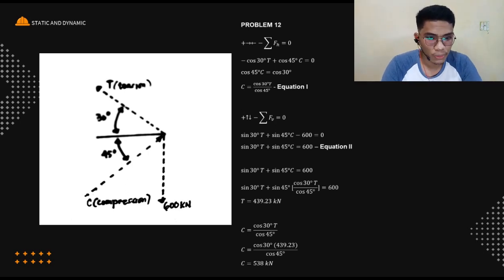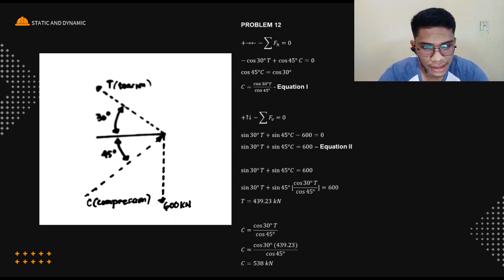Ngayon, para naman po makuha natin equation number 2, hanapin naman po natin yung summation ng forces vertical. So, lahat po ng pataas is positive, lahat po ng pababa is negative. So, sin 30T, kasi pataas po yung ating vertical forces dito sa T. Sin 30 kasi naging sin po siya kasi opposite po sa angle na 30 degrees.